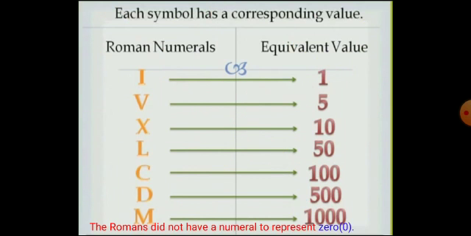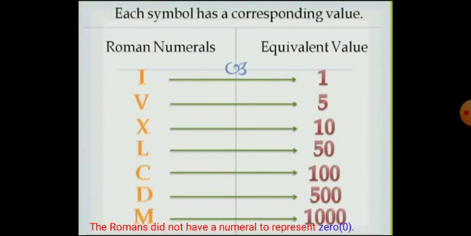Let us see, each symbol has a corresponding value in the Hindu-Arabic numeral system. Do you know what the values are? Yes, let us see. I stands for 1. That means the value of I is equal to 1 in the Hindu-Arabic numeral system. V stands for 5.